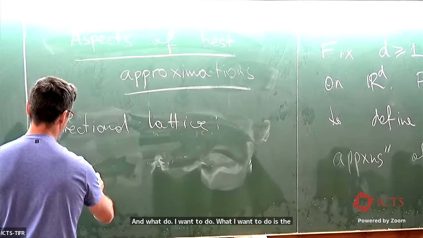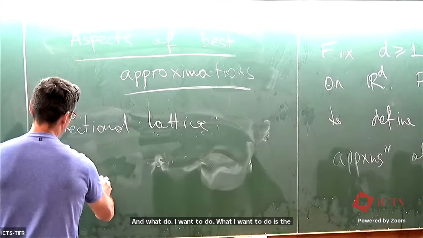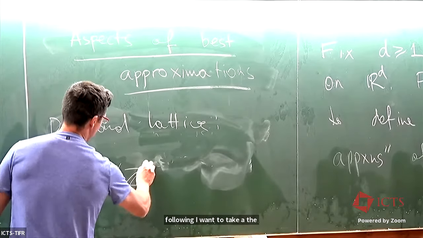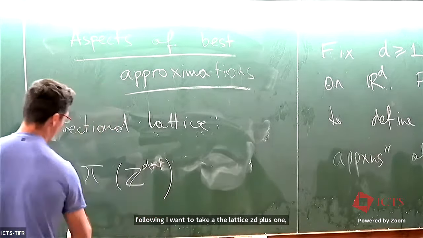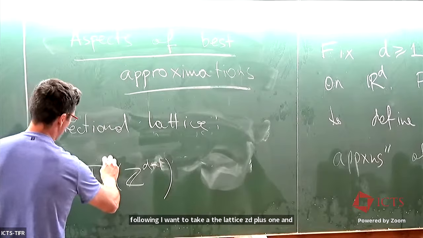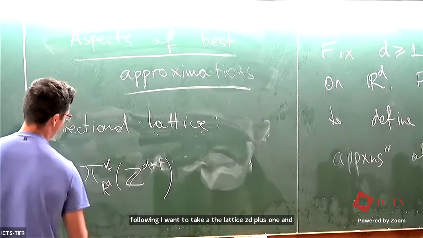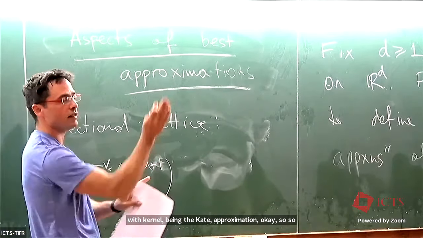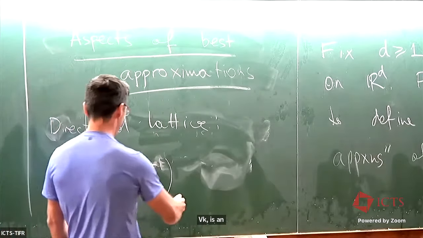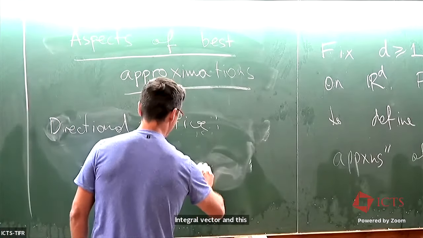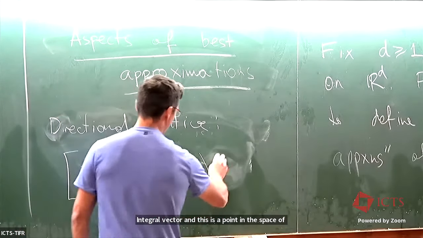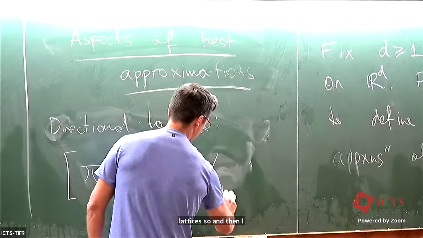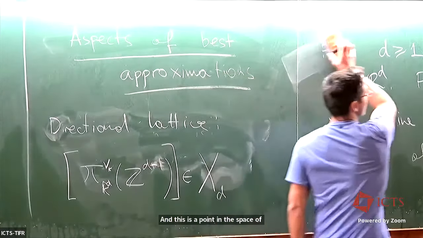I want to take the lattice Z^(d+1), and project it onto the horizontal copy of R^d, with kernel being the kth approximation. v_k is an integral vector, and this is a point in the space of lattices. Then I rescale the covolume to be 1, and this is a point in the space of lattices in dimension d. So I've used a bit of notation.